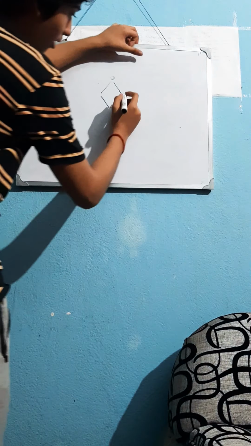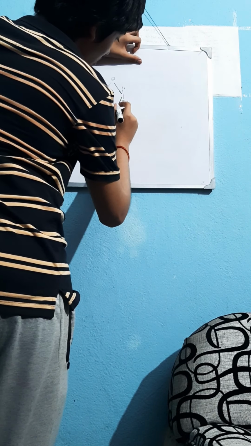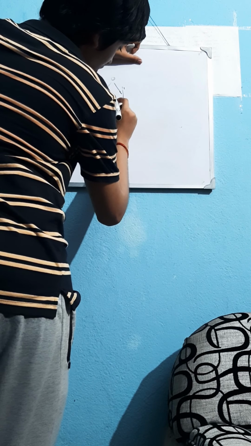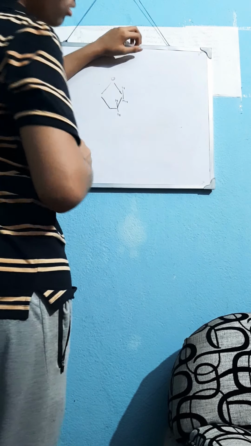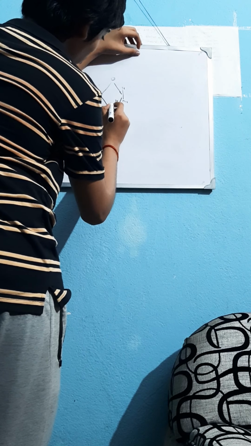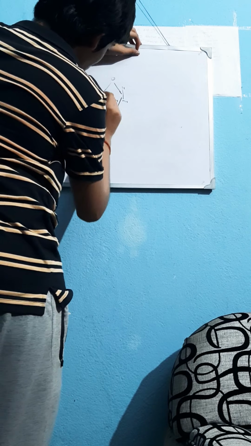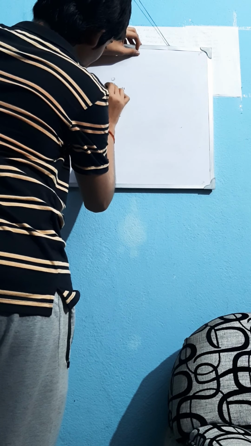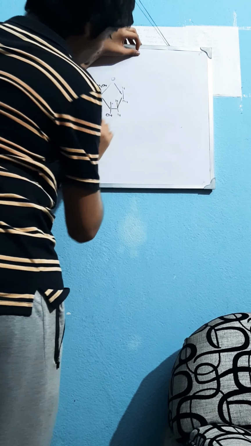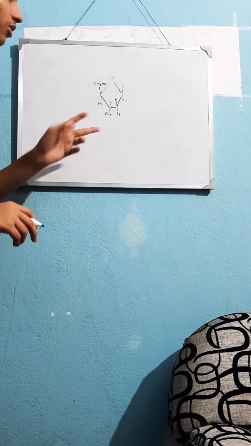So this I am drawing is the structure of the deoxyribose sugar. We find this structure at first. It is the base, it is everything.